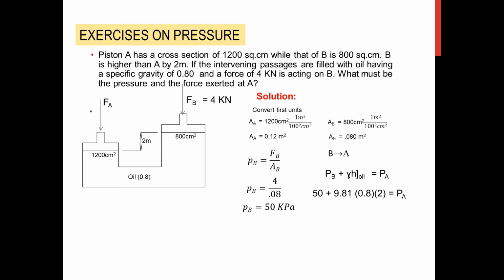We substitute the value of specific gravity and height of oil, that is 2 meters, towards the end pressure of PA. Remember, from B, we will go down, so our sign here is positive, or plus. From that, we can derive the pressure at A, which is equal to 65.77 kilopascal.